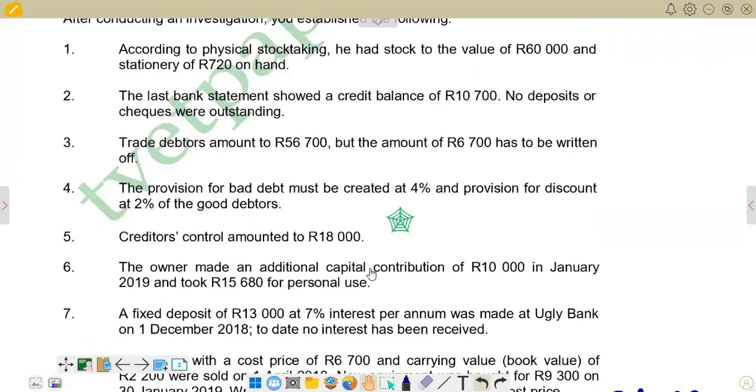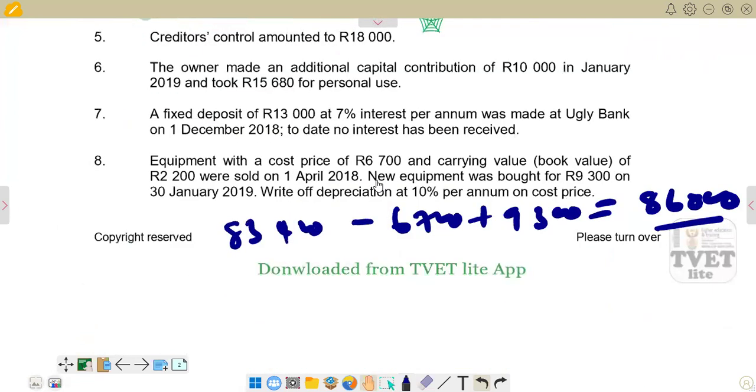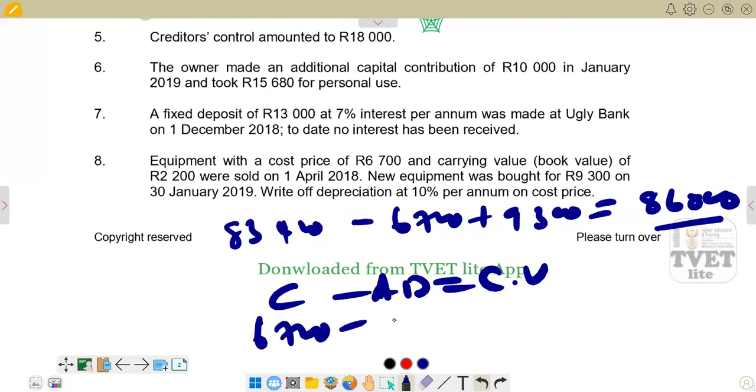So you can just use the formula of cost minus accumulated depreciation gives us our carrying value, whereby our cost here we have been told is 6,700. The figure that we are looking for is accumulated depreciation. And then the carrying value they are saying is 2,200.